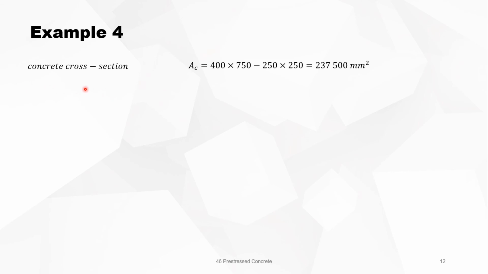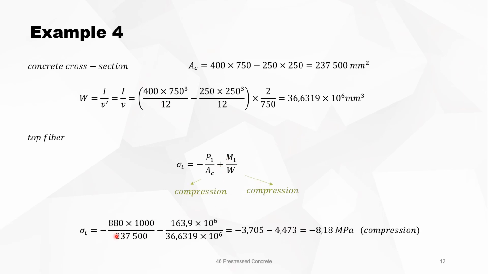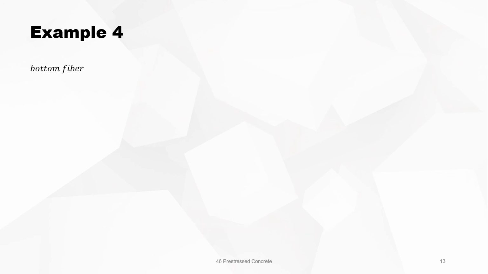Concrete cross section, that we know what it is, we know what W is. On the top fiber now, we have minus pre-stress divided by the cross section plus M1 divided by W, compression, compression. And it gives us in total of 8.2 megapascal compression.